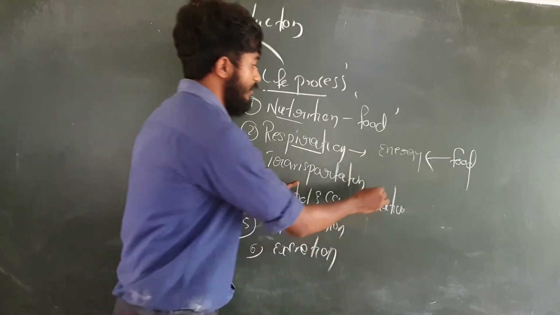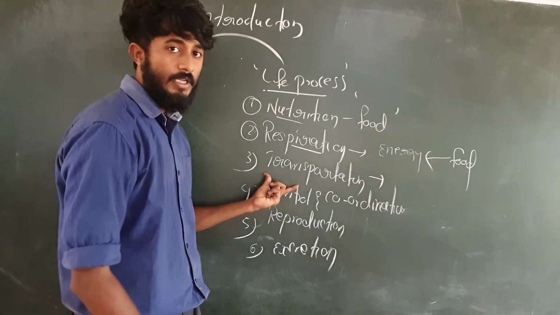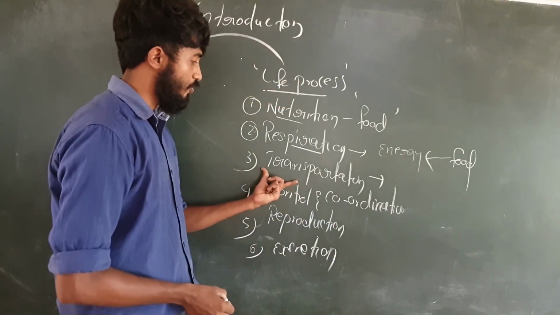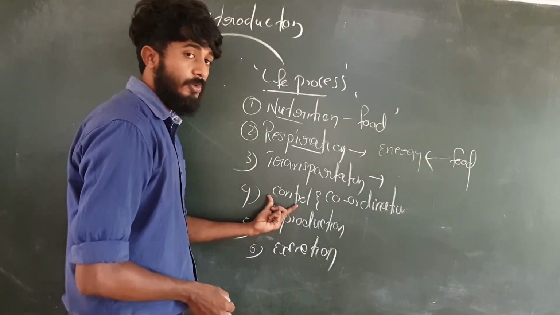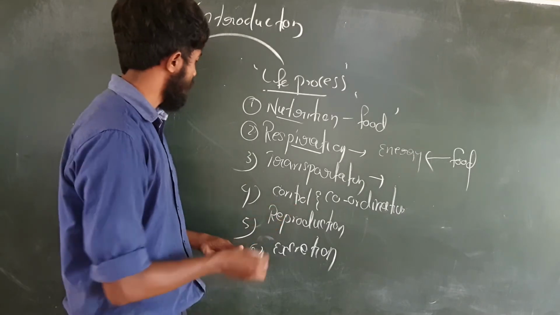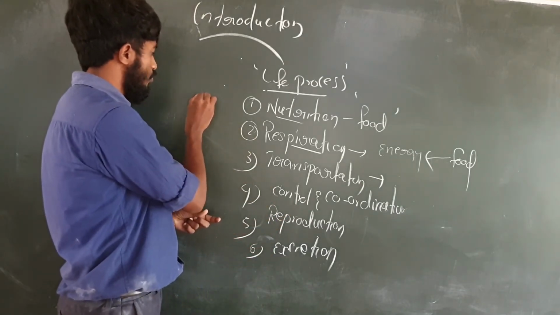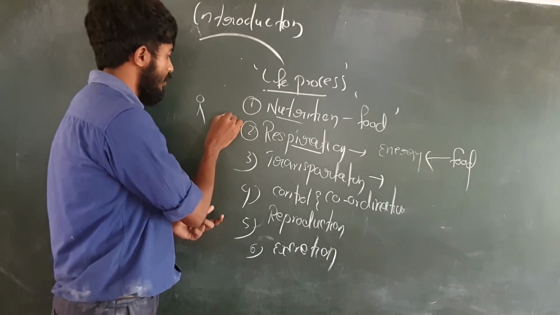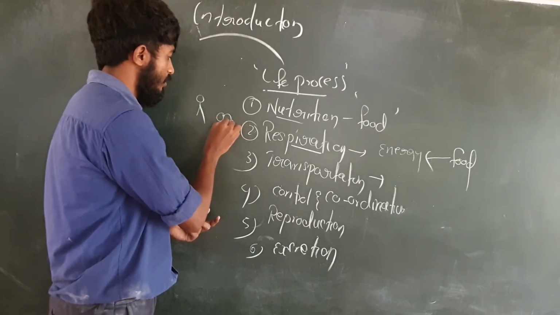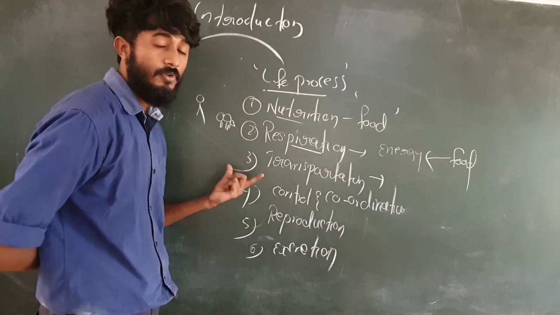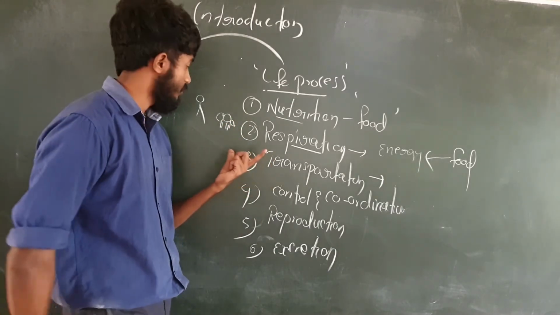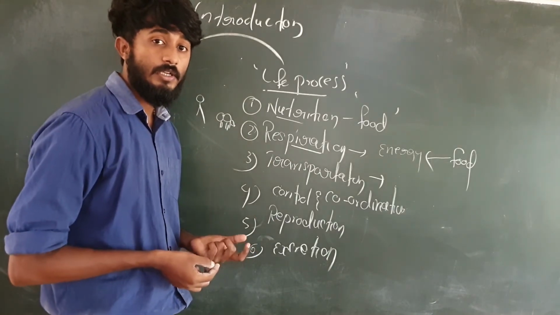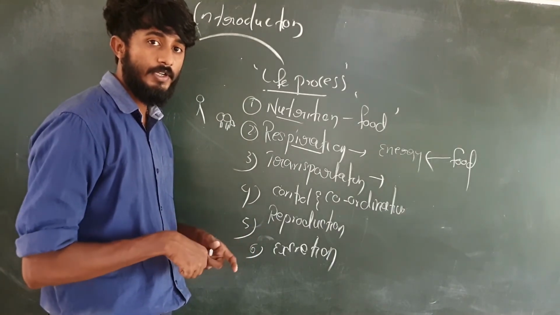And transportation: carrying substances from one place to another is transportation. What do you mean by control and coordination? Suppose you are standing in a forest, and suddenly there is a tiger in front of you. What will happen? Definitely you will run away, isn't it? Suppose you see an ice cream, what will happen? Your mouth starts watering, isn't it?